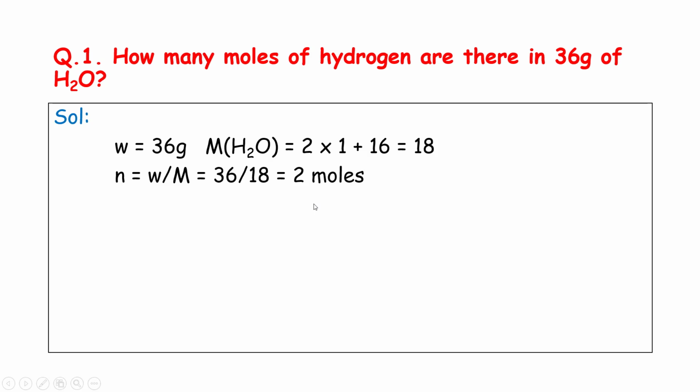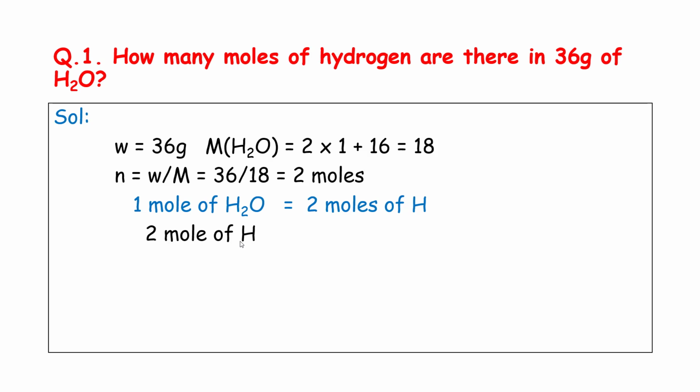Now here we calculated that water is 2 moles, right? Now 1 mole of H2O consists of 2 moles of H. Again we need to see how much part of hydrogen is there, so 2. So 2 moles of hydrogen. So here we have calculated 2 moles of H2O, right? So 2 moles of H2O will consist of X moles of hydrogen.